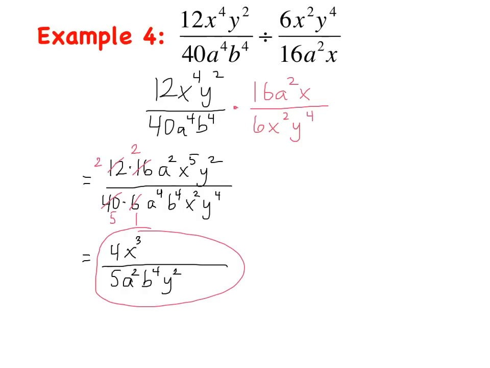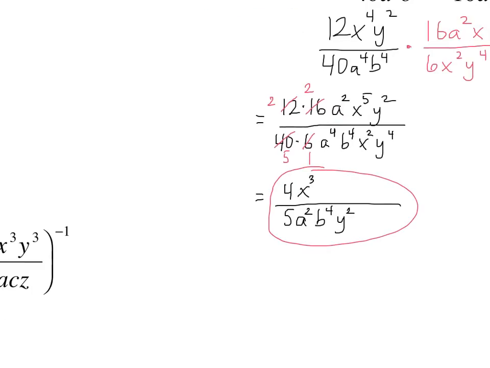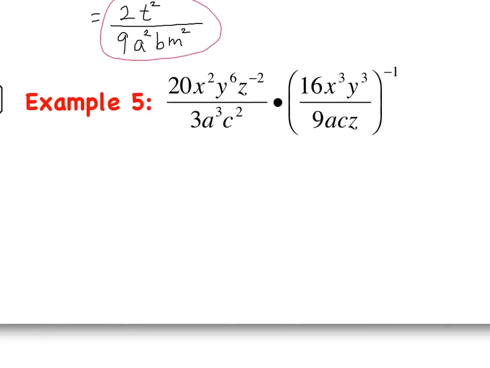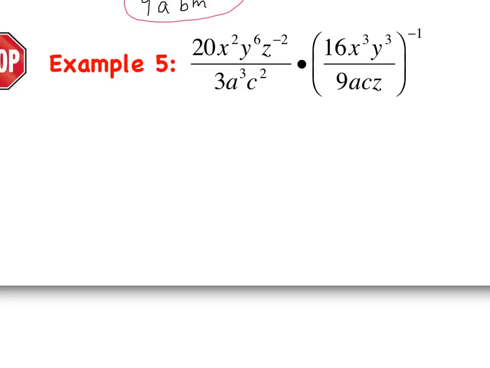All right, getting down to the last example here. I will get you started, and then the rest is on your own. First thing I notice with this example here is we've got a negative exponent with that z to the negative 2. So we're going to have to move that down in the denominator to make that z happy. I also see this negative 1 exponent here.